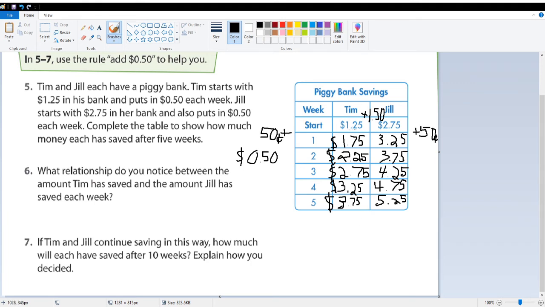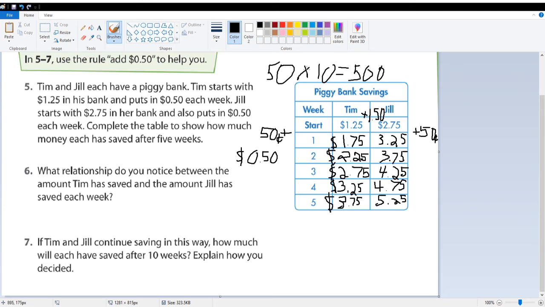But we can also figure out, so right here is 5 weeks, right? And then 10 weeks would be another 5 weeks. And I know that if we're adding 50 cents each week, then after 10 weeks, 50 times 10 equals 500, right?